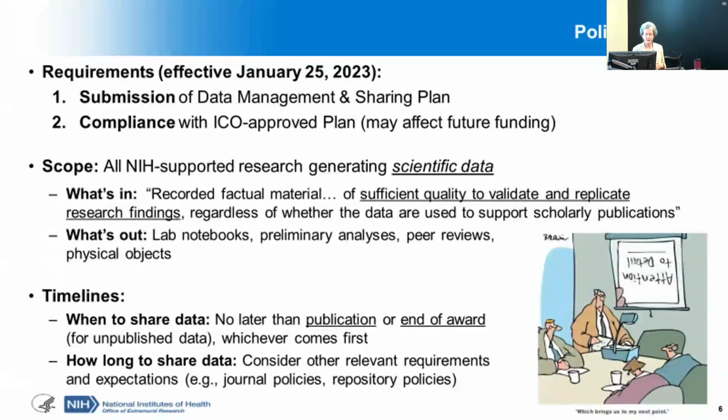So it's the factual material that is of sufficient quality to validate and replicate findings. So it's not a data dump of random files, throw them out in some repository and say, yay, I'm done. It needs to be something that someone can turn around and actually use, or at least get an idea of what that data is so that they can reach out to you and say, okay, what can we do to arrange using this data?